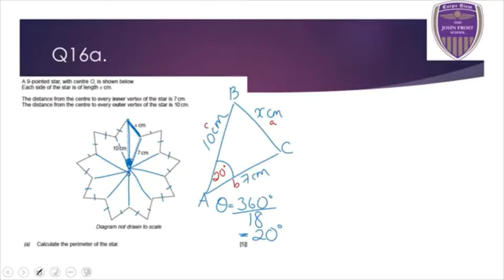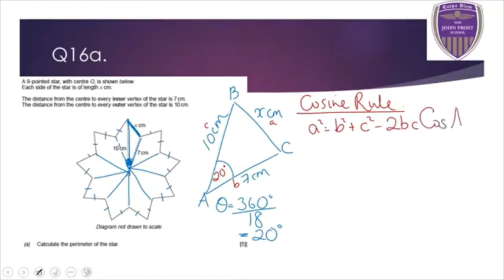Now, if I'm working out little a, I'm going to use the cosine rule. We have to do that because we only know one angle. a squared equals b squared plus c squared minus 2bc cos A. And we know everything there.